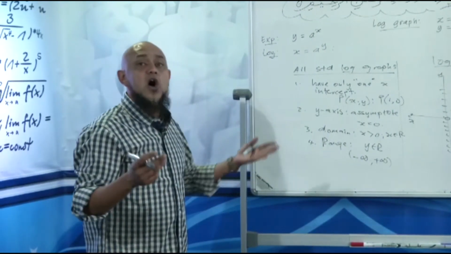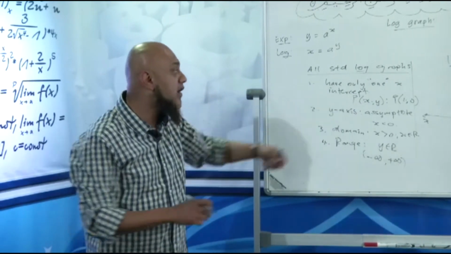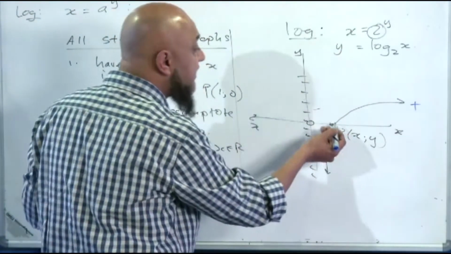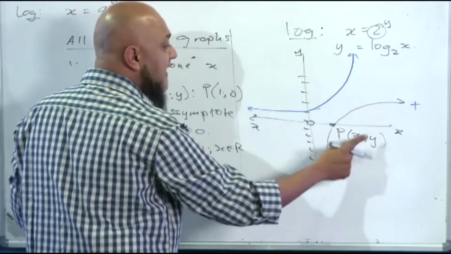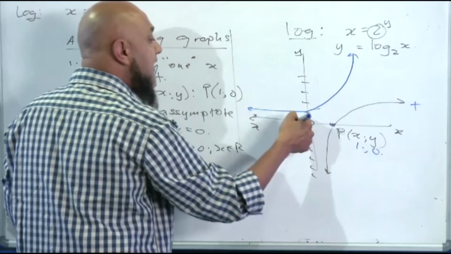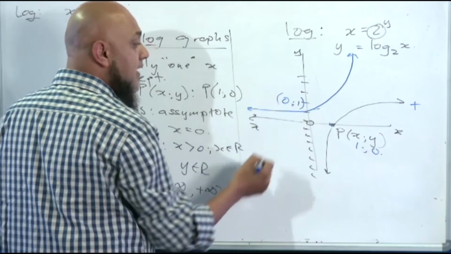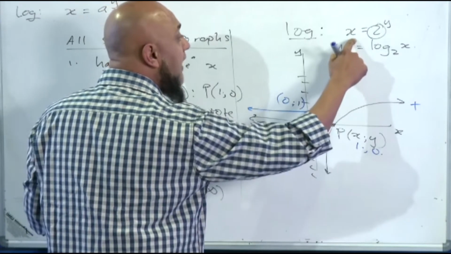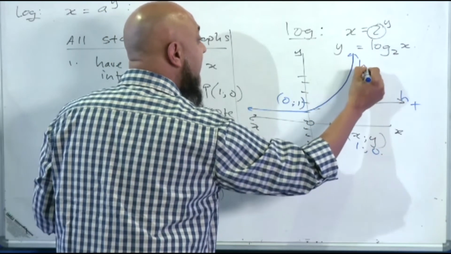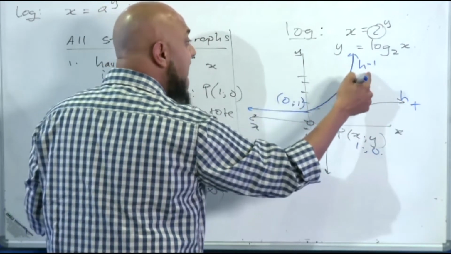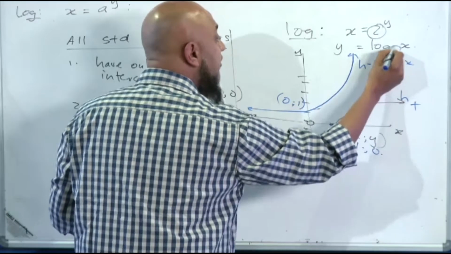They might tell you, on the same set of axes, draw the inverse function of that log graph. Obviously the inverse function is the exponential, and the exponential will go that way. Where this graph goes through 1 and 0, the exponential will now go through 0 and 1. Where this graph is x equals 2 to the power y, if this is h, the inverse function, h of minus 1, the equation will be 2 to the power x, because your base is 2.